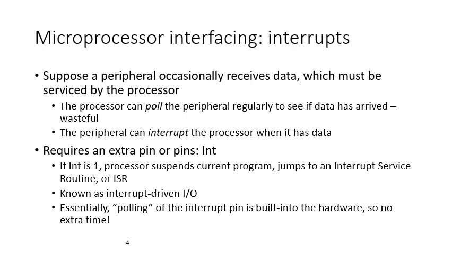Whatever the processor was doing, if the interrupt pin is high, it will suspend the program and jump to the interrupt service routine, also known as ISR, and start executing the instructions of that routine. We also call it interrupt driven IO. Whenever we use interrupts, it is known as interrupt driven IO, so the peripheral is working on the principle of interrupts.